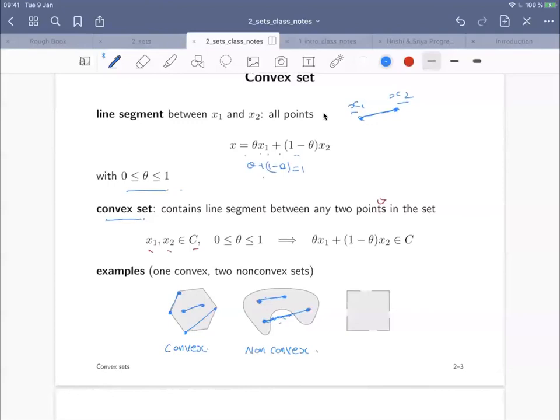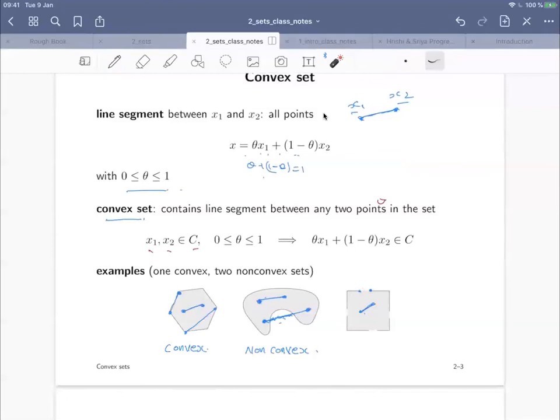Now what happens if you take the third set? Take 2 points, the line segment between those points is in the set here, but we can see that there is a break in the boundary. For example, if you pick these 2 points, the line segment between these points is not part of the set, because there is a break in the boundary, right?